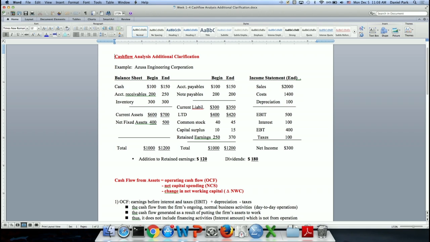Anytime a liability goes up means cash in. Current liability 300 million, end of the year 350. That means the company should pay, but the company didn't pay 350 million. Compared to last year, the company increased liabilities by 50 million. That means they should pay, but they didn't. That's cash out. They didn't make the cash out.